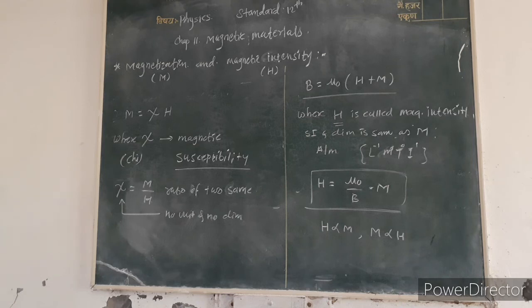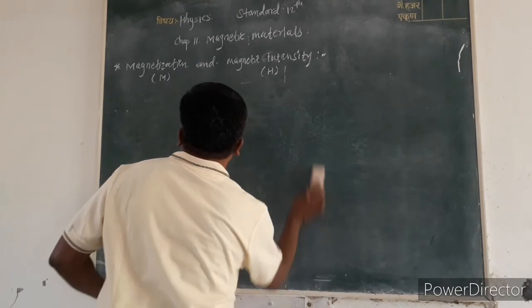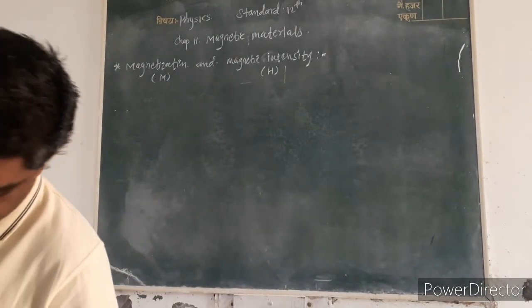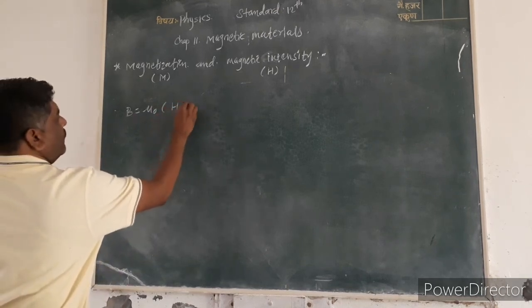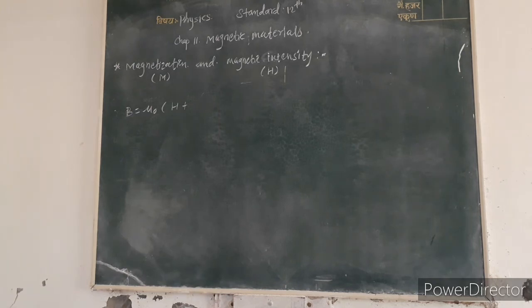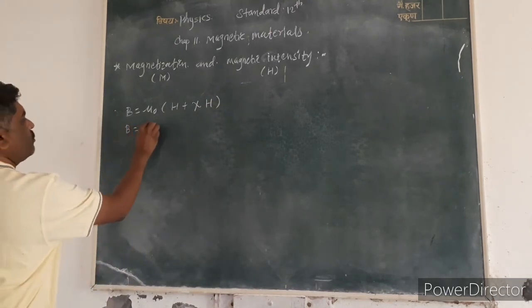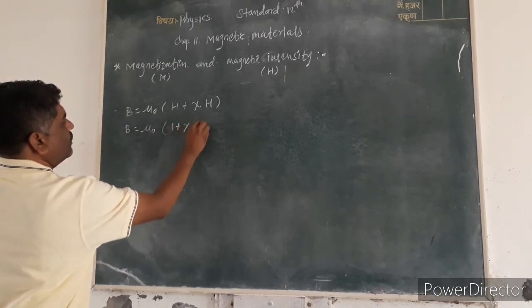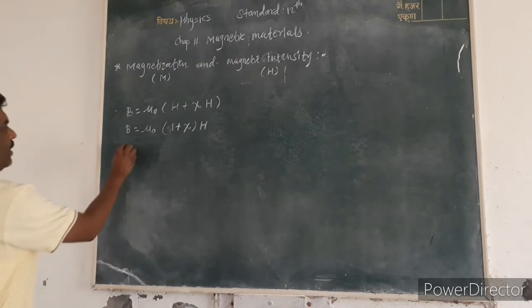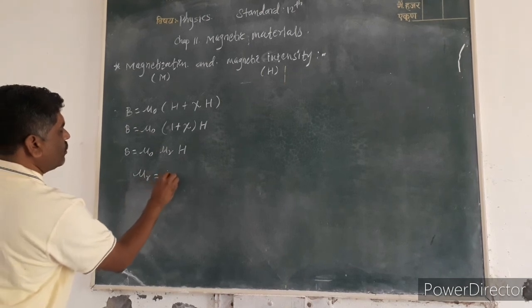Now from the above equations you can write B is equal to mu 0 into bracket H plus the value of M, that is psi H. Therefore B is equal to mu 0 into 1 plus psi into H, or B is equal to mu 0 mu r into H, where mu r is equal to 1 plus psi.